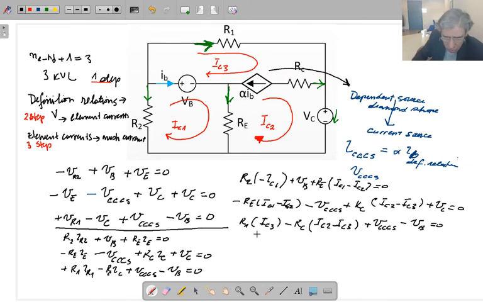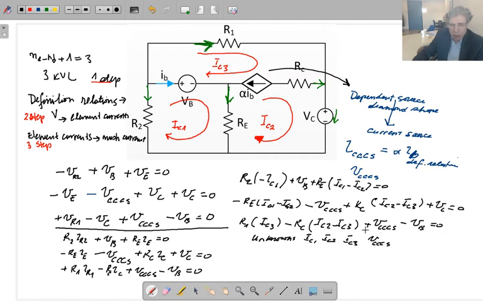So unknowns: IC1, IC2, IC3 and V current controlled current source voltage. So I've got three equations, four unknowns. I've got to write the additional equation, which is called the supplementary equation.